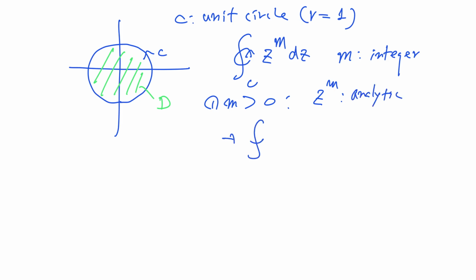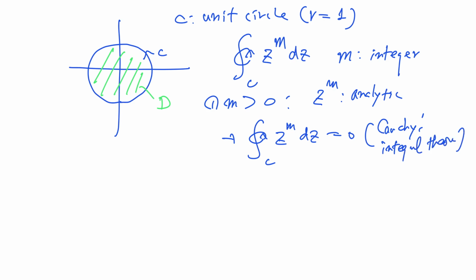Therefore, the integral of z to the m dz is 0, because of course the integral is 0. When m is a negative integer, then we cannot apply the Cauchy integral theorem, right?